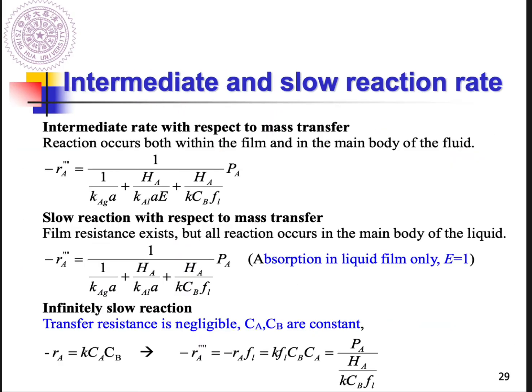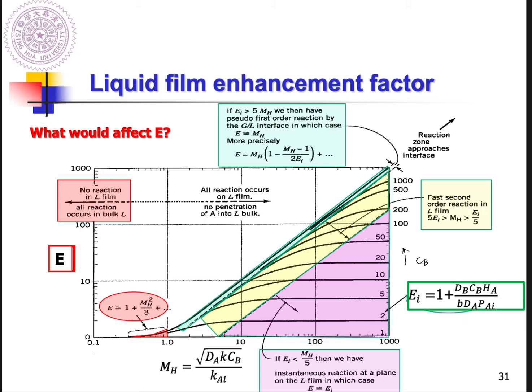Let's move to the simulation results here on page 31. This is a numerical solution, or simulation, published in 1954. If you take a look at this figure, it shows E, the liquid film enhancement factor, as a function of MH. MH is the Hatta modulus, which as I mentioned is the reaction rate in the film layer divided by the transport rate in the film layer.